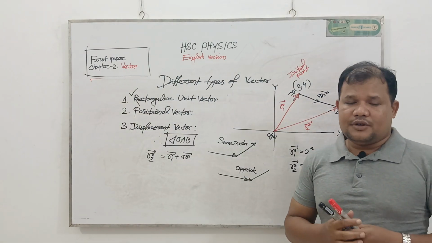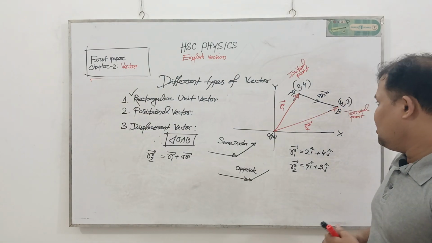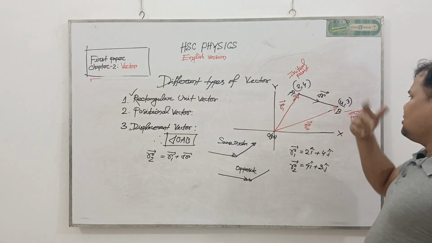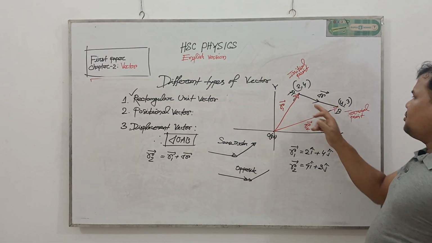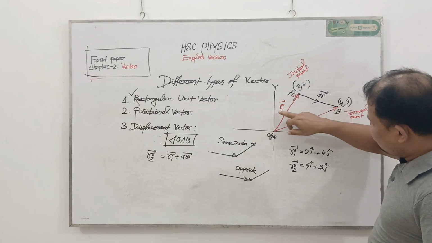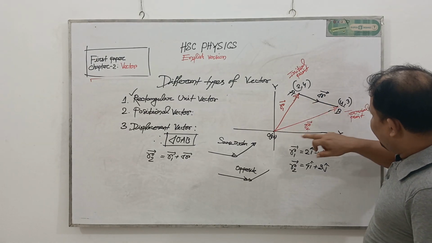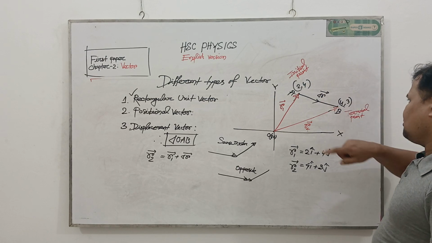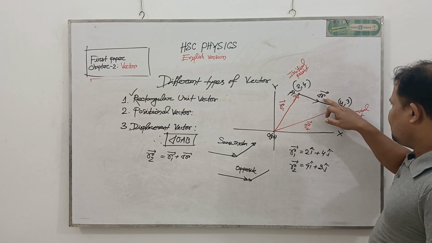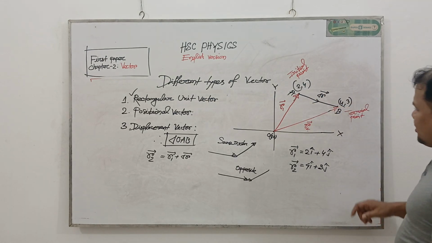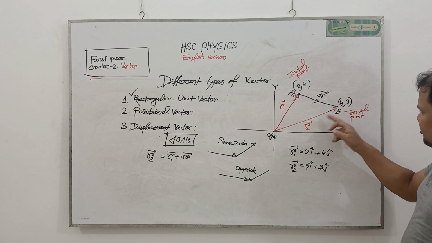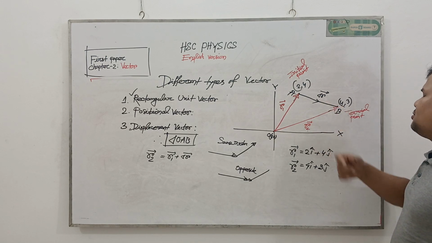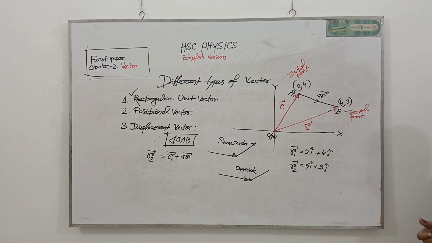If 3 vectors represent the sides of a triangle, and 2 vectors represent the same order, R1 and del R are in the same order. Why? Because the terminal point of R1 is the initial point of del R vector. So R1 vector and del R vector are in the same order, but if we see the R2 vector, the terminal point of R2 vector and del R vector is the same point, so R2 represents the opposite order.